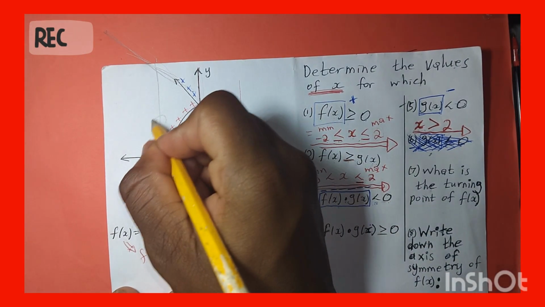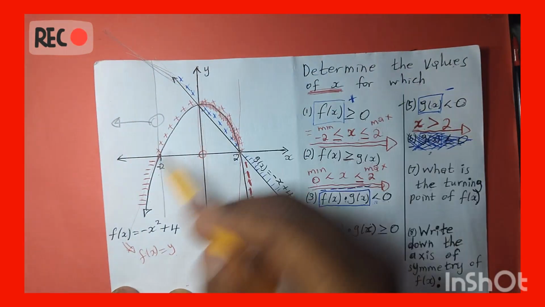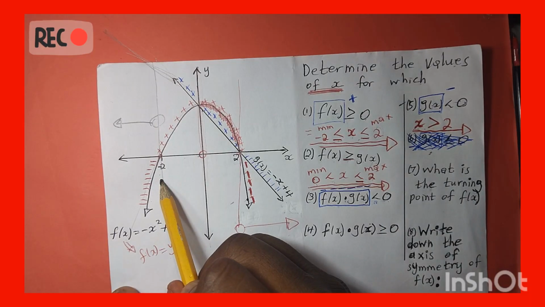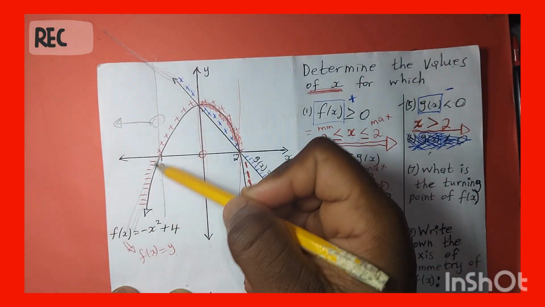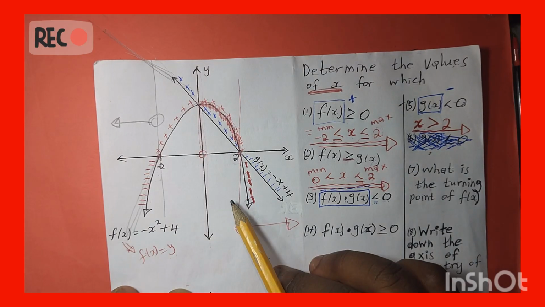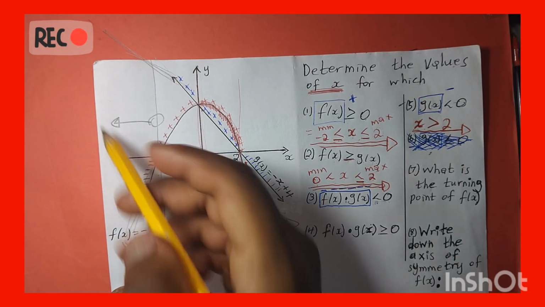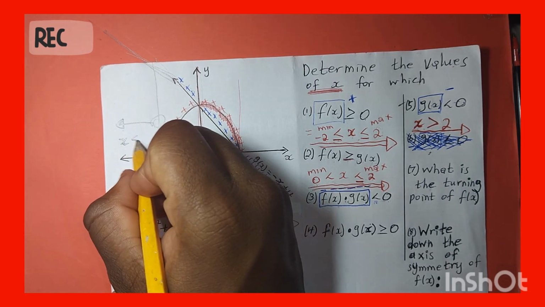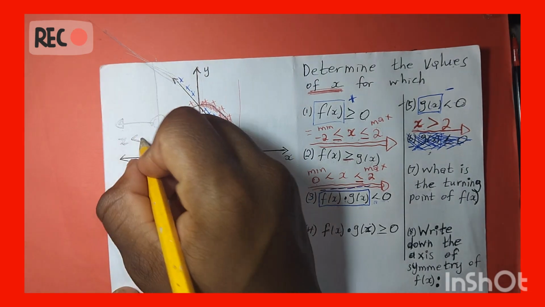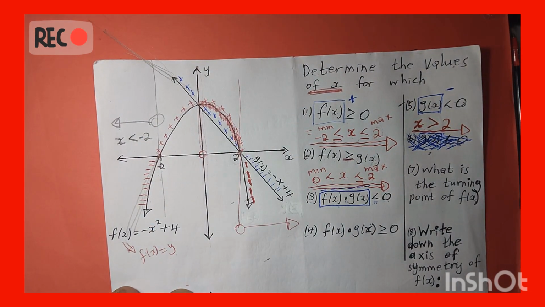Meaning starting from here going that side, those two graphs will have different signs, because that one will be positive and this one will be negative. So here you can say x, with that arrow, is less than -2. Do you see? That is your conclusion for this question.